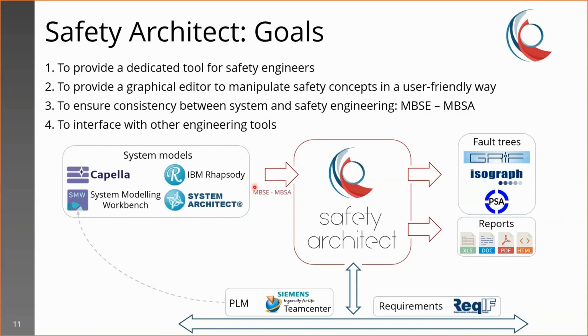And we have transversal connections for the requirements and with the Siemens product lifecycle management tool, Teamcenter. Finally, we can import security data from our other tool, Cyber Architect. The goal is to combine safety and security co-engineering in order to potentially find conflicts between the needs of the safety team and the security team.